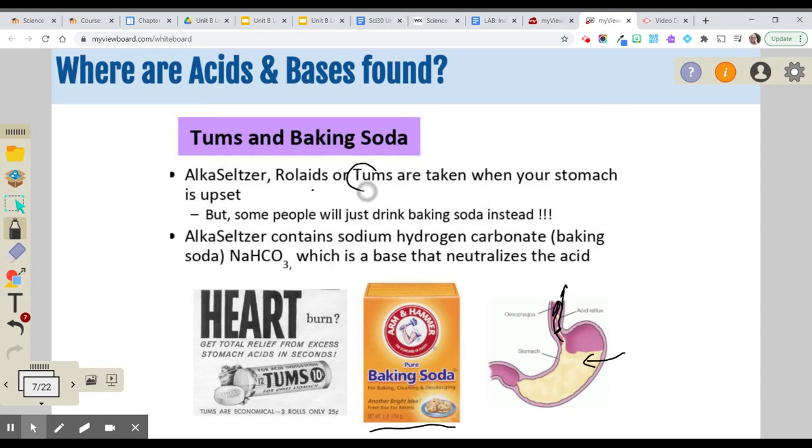So that's when you take Tums or Rolaids, or if you're hardcore like my stepdad, he'll take baking soda, put it in a glass of water and stir it and just down the straight stuff. So it's basically all these Tums, Rolaids, Alka-Seltzers, they're all bases. And so is this baking soda.